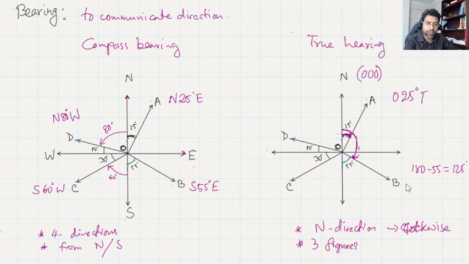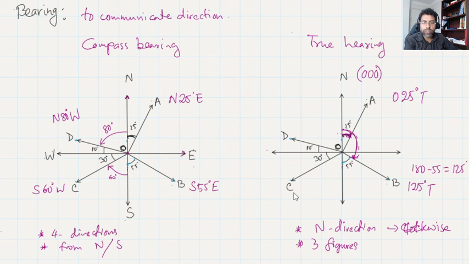So you can write that it is 125 degree true bearing. How am I getting 125? I just mentioned that it is 180 minus 55. Also, you can add like this: if it is 55, then the remainder is 35 to make it 90, and then 35 plus 90 makes 125. So you can do it that way as well.